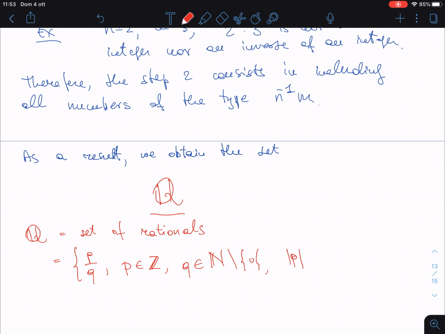The absolute value of a number is the same number if the number is positive, and it is the same number with a minus sign if the number is negative. Okay? P and Q have no common divisors.